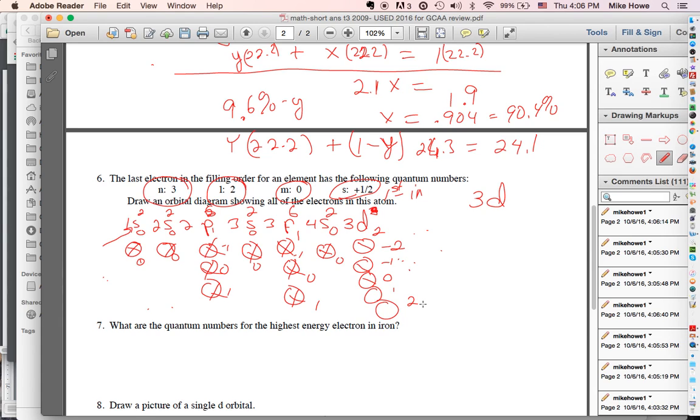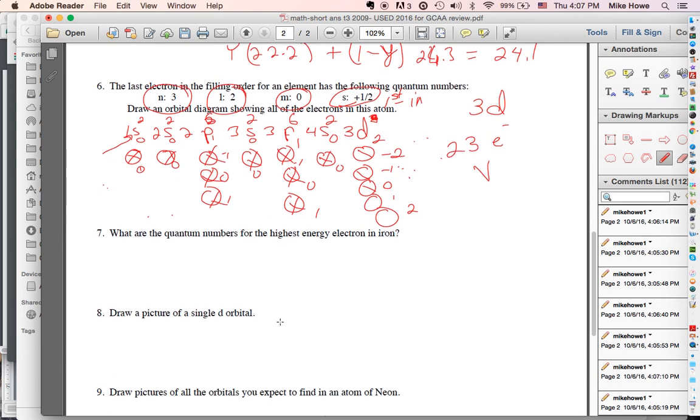And that's where I have to stop. So that's the first electron in, because it's +1/2, in the third energy level, d sublevel, M equals 0 value. So now you can see that there are 23 electrons. If I had asked you what the element was, you would say it was vanadium. That's it. I didn't ask you the quantum numbers, but if I did, that's what it would have been.